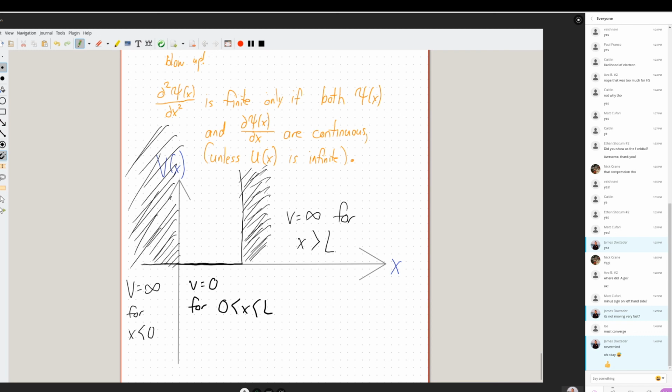Spoiler, they're exactly the same as the normal modes of a guitar string.